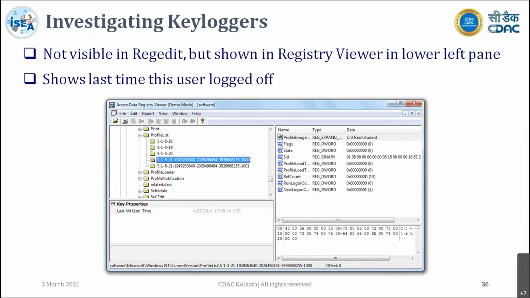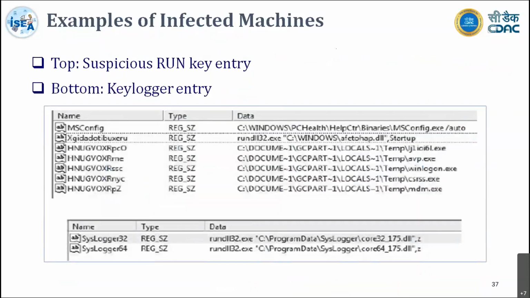There you will find traces of possible keyloggers. Here are a few examples of infected machines. You will find a suspicious run key entry and also some keylogger entry as well.